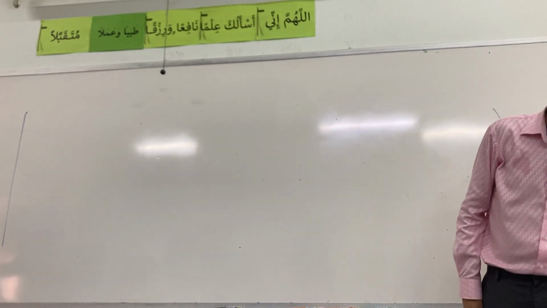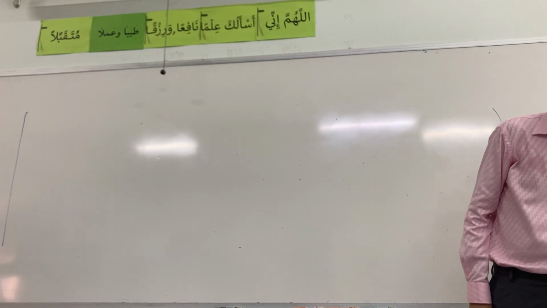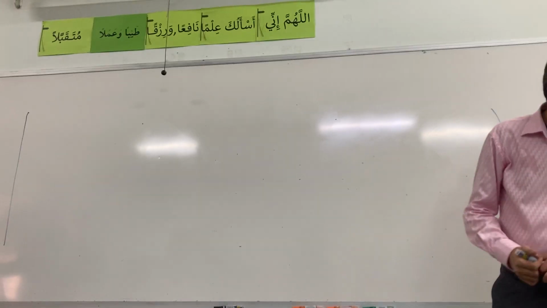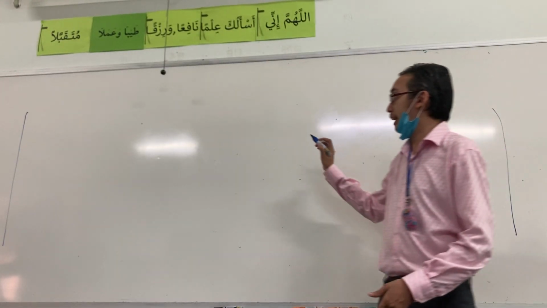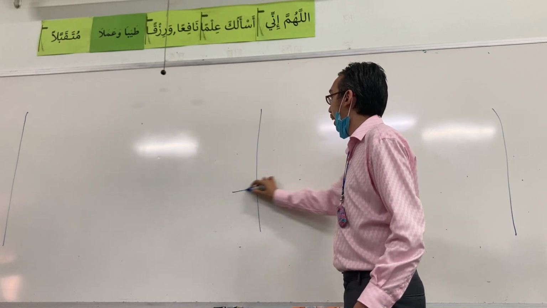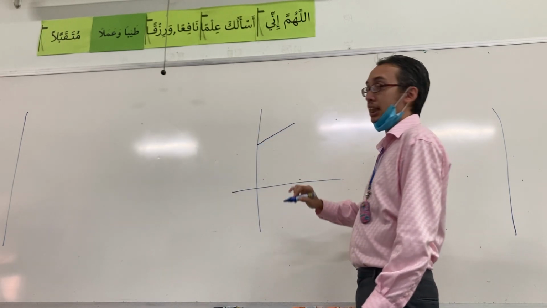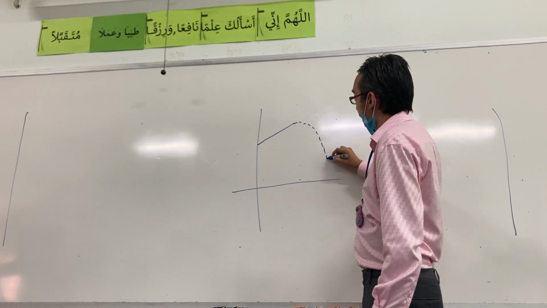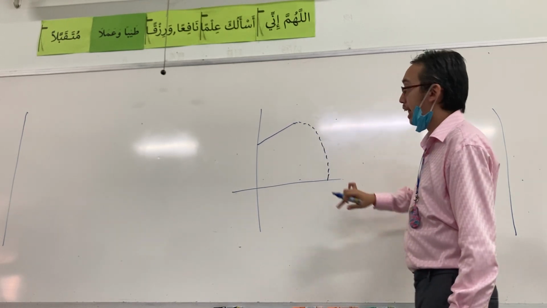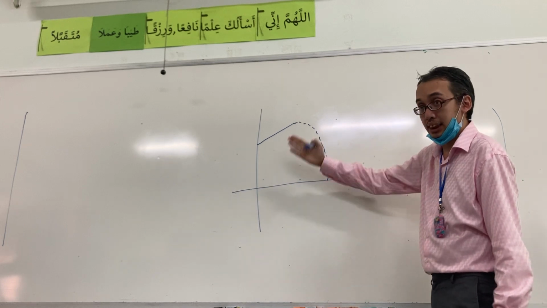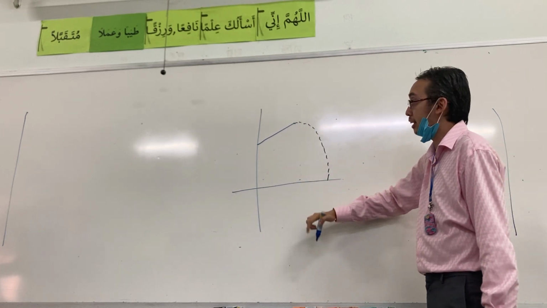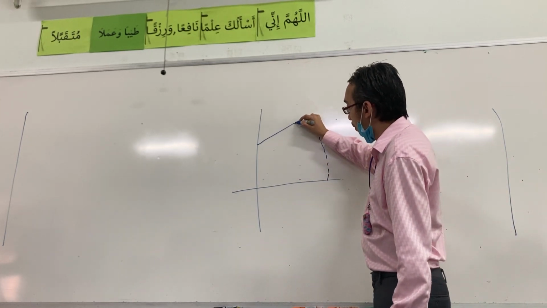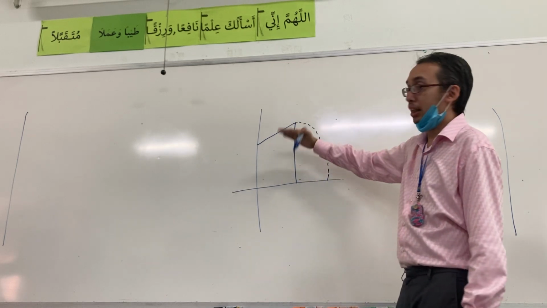So basically, kalau dia nak rotate, okay, the thing is, kita punya graph tadi, okay, dia ada this portion, okay, dengan the so-called curve depan. Okay, so you're rotating this, okay, against the x-axis. So dia ada dua portion, satu sini sama sini, okay, which you need to rotate.